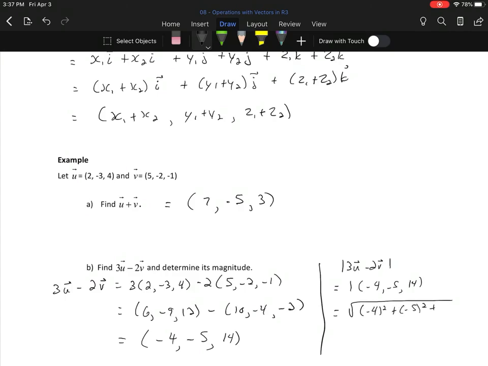Square root of -4 squared plus -5 squared plus 14 squared. Grab my calculator here. Trying to do it in my head at the same time. 16 and 25 is 41, and 196. I think it's 237, but just make sure. Plus 14 squared, 237.